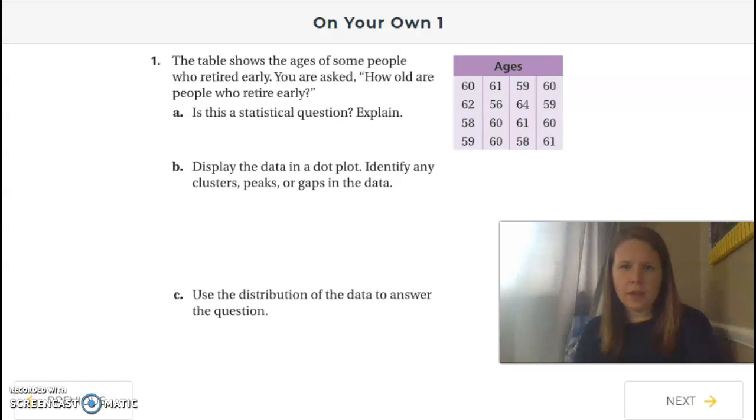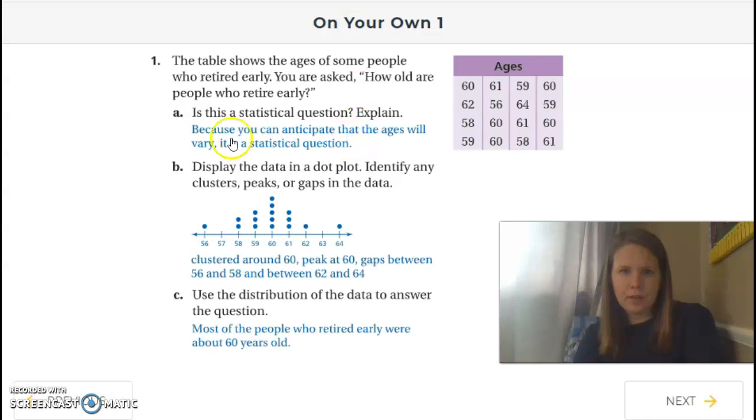Alrighty, let's get back to it and we'll go through the answers. So the question asks, how old are people who retire early? So the question is, is it a statistical question? So are you going to expect there to be different answers? Because you can anticipate the ages will vary, it is a statistical question, okay?